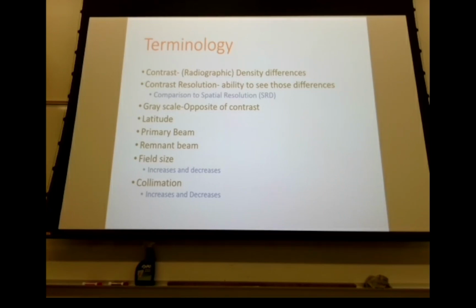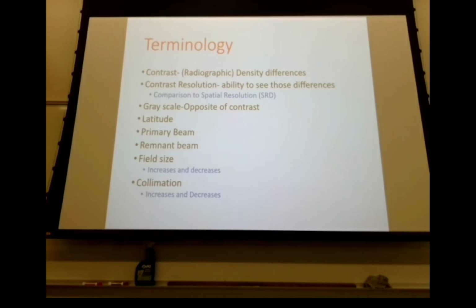So contrast resolution, grayscale, the opposite of contrast, we just came through all that, latitude, and how it ties into all that. The primary beam is the beam before it hits the patient, and the remnant beam is what comes through the patient. The remnant beam consists of your image-making x-rays.